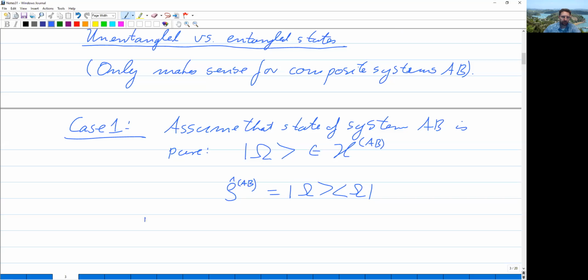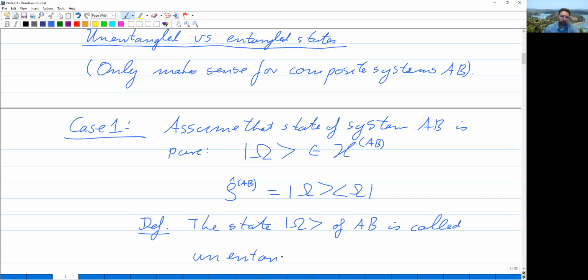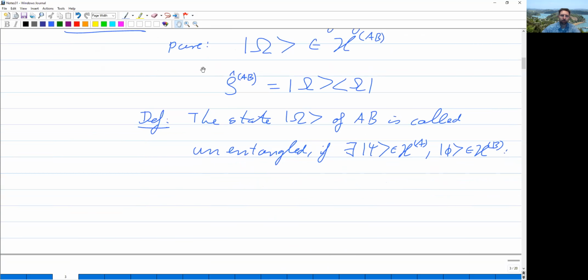Now we say, here's the definition. The state omega of the composite system of AB is called unentangled if there exists a psi in the Hilbert space of subsystem A and a state phi in the Hilbert space of subsystem B, so that omega is the tensor product of them.